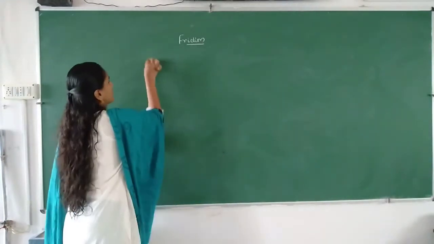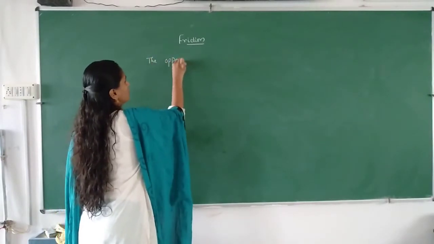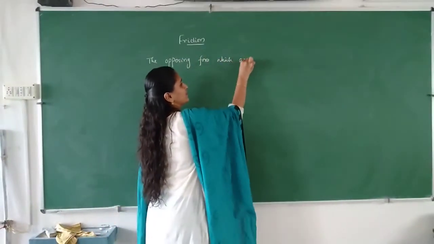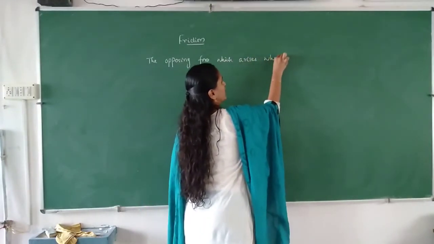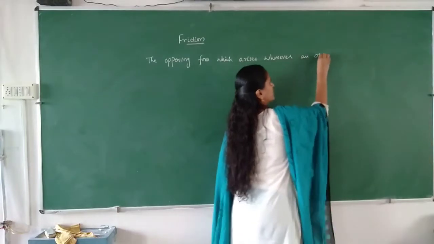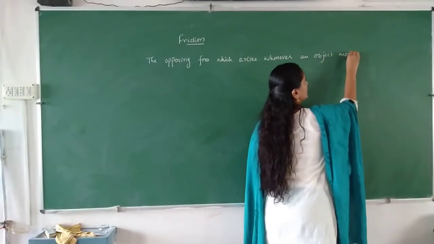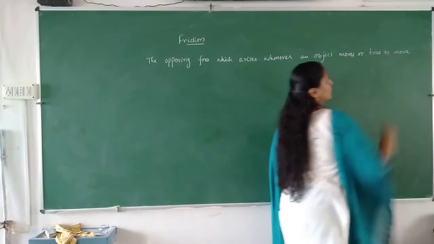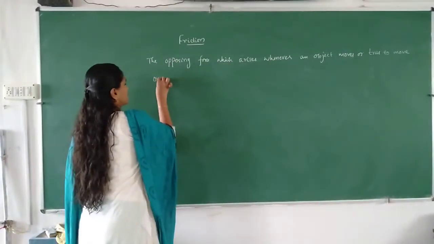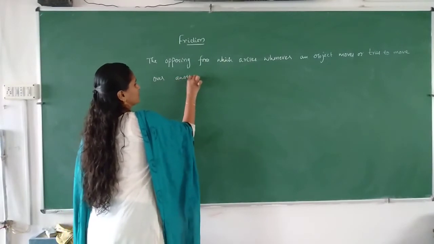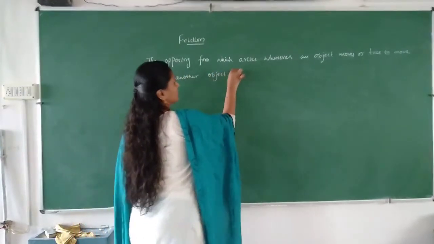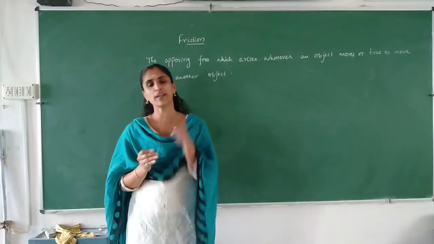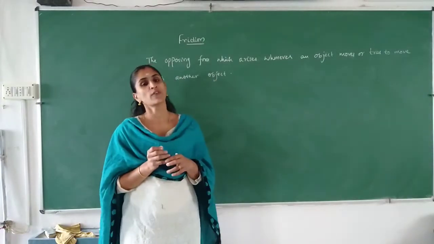So friction means the opposing force which arises whenever an object moves or tries to move over another object. So it's not necessary that the object should be moving. If it tries to move over another surface also, there will be an opposing force. So that force is known as frictional force.